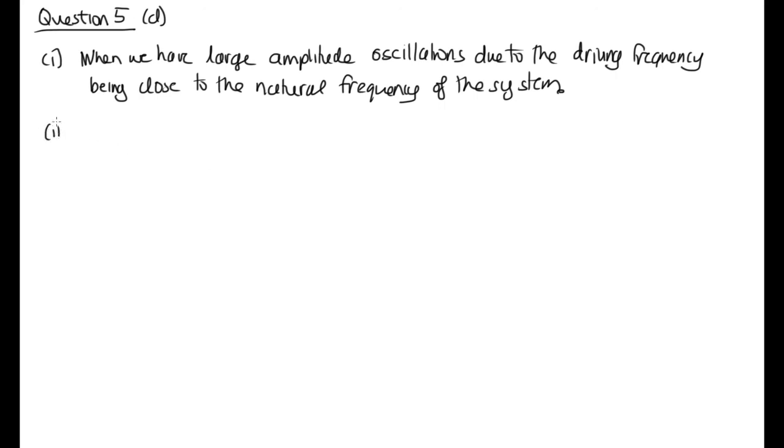Okay, and now part 2 says, give an example of a system that is undergoing resonance. Describe the effects of resonance on the system. Okay, one thing we could talk about was the resonance pendulums that you probably saw in lectures. When the driving pendulum had the same length as one of the pendulums, then that pendulum moved with much greater amplitude oscillations because it had the same natural frequency as the driving pendulum.